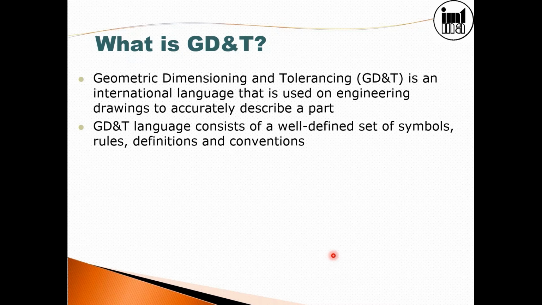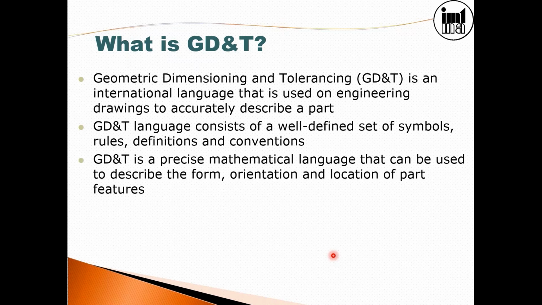That is the difference between what is called conventional plus minus tolerancing and GD&T. GD&T requires a lot of interpretation knowledge. If you want to have that, you should have a thorough understanding of the rules, definitions, and conventions of GD&T.